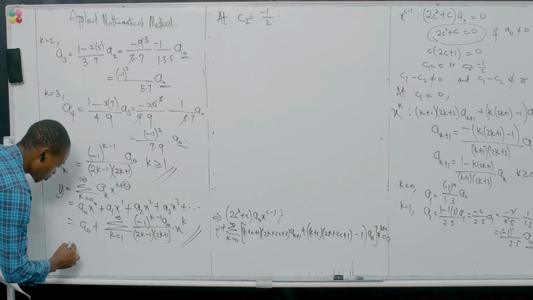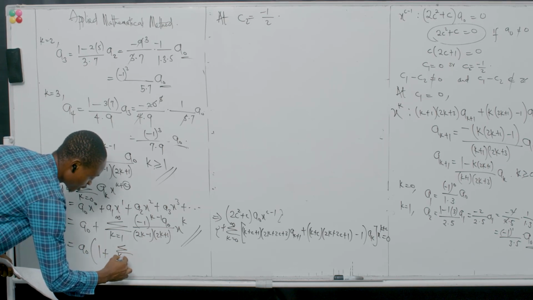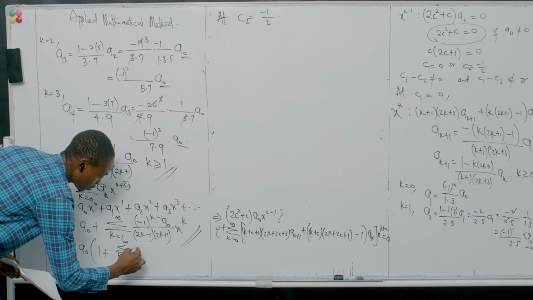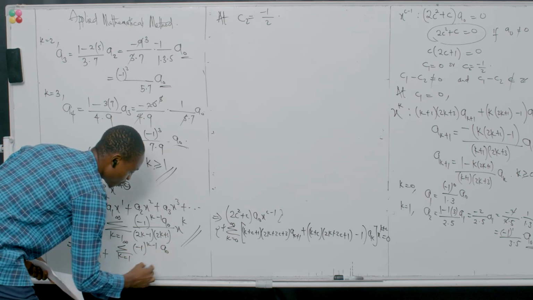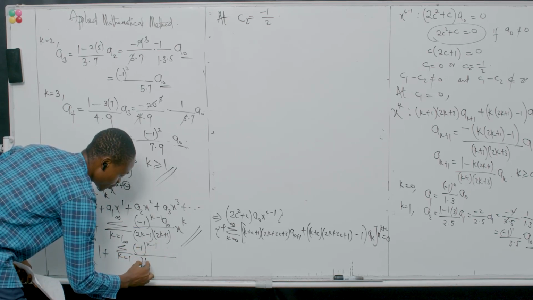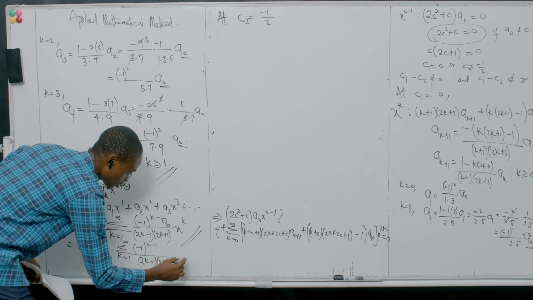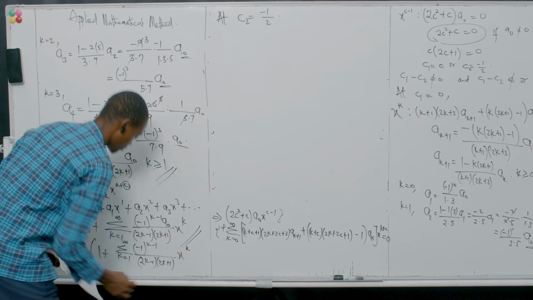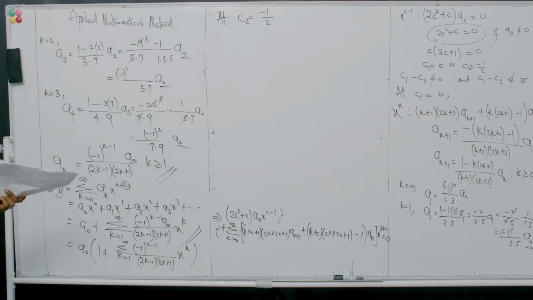Because what you are just going to be having is a naught into 1 plus summation k starting from 1 to infinity minus 1 raised to power k minus 1, Abi? A naught no, so there will be no a naught here, divided by 2k minus 1, 2k plus 1, x raised to power k, right? So this is us bringing them all together.